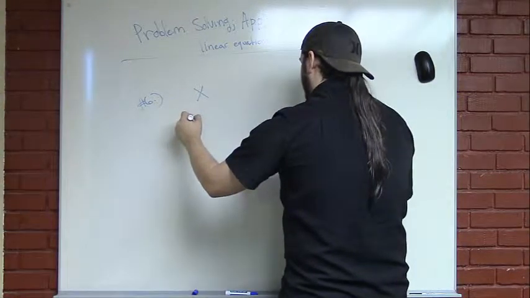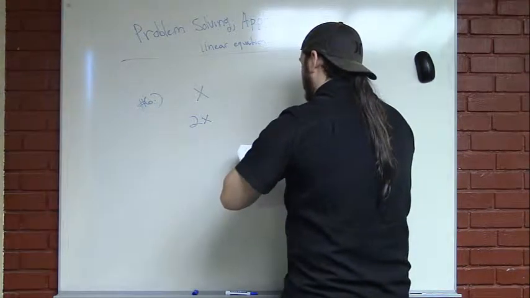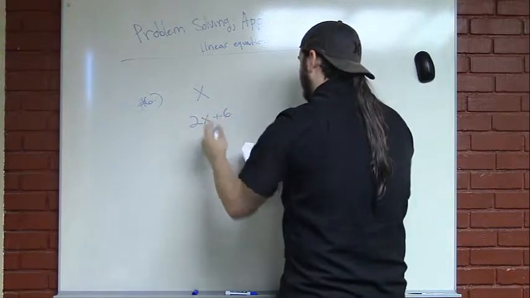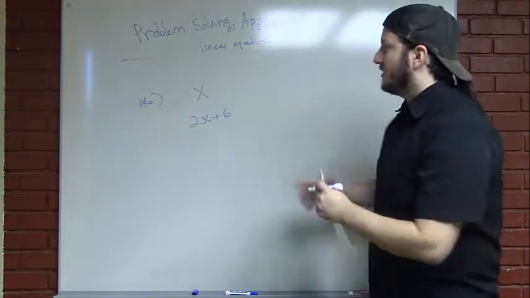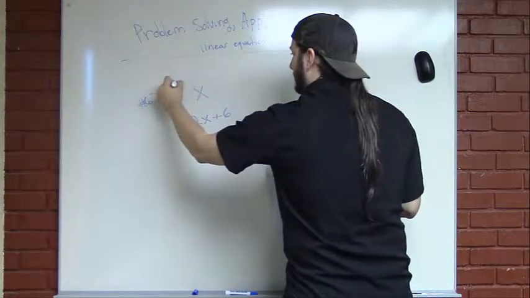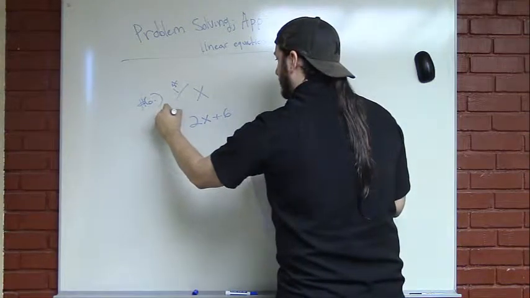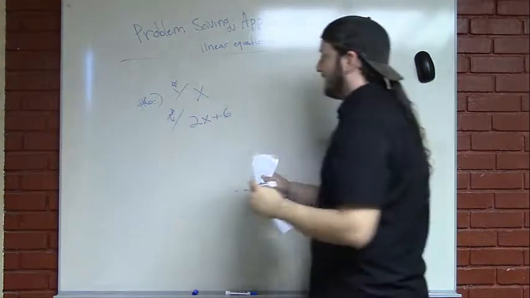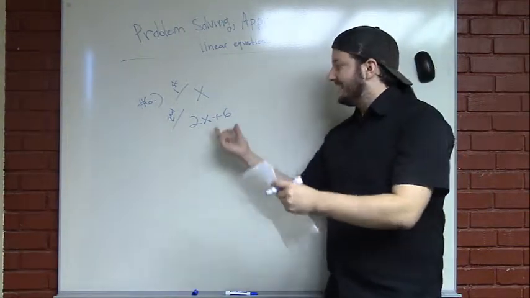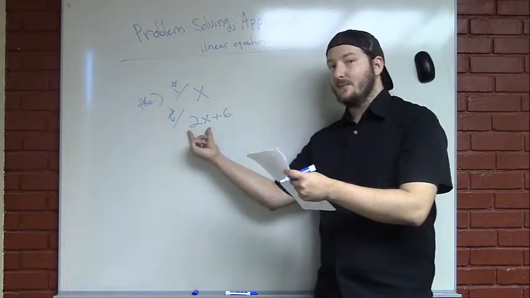So we're going to have 2x, because it's twice the second number, and it's plus 6, because it's 6 more than that. So this is our first number, and this is our second number, okay? Because one number is 6 more than twice the second number.